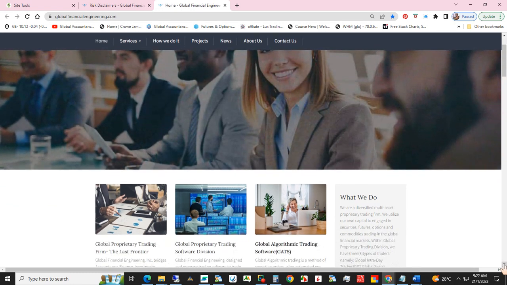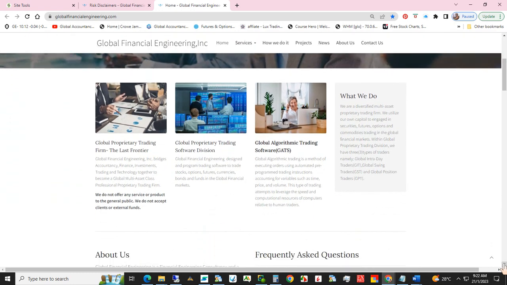just to provide you with a little bit of who we are and what we do. So after many years of involvement in accountancy, investment, finance, management, IT, we have decided to bridge accountancy, finance, investment, trading, and technology together to become a global multi-asset class professional proprietary trading firm.